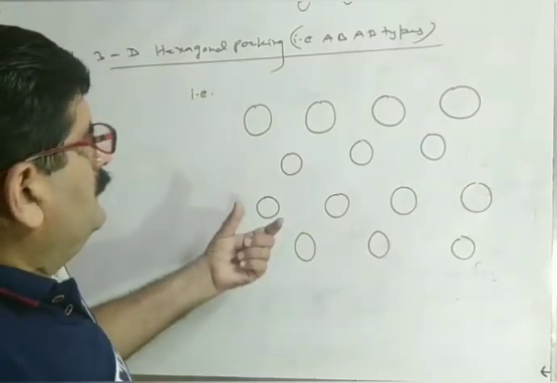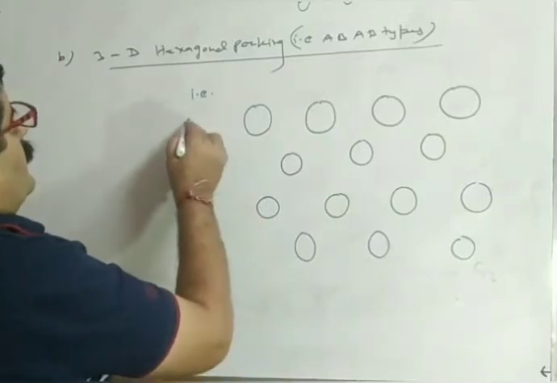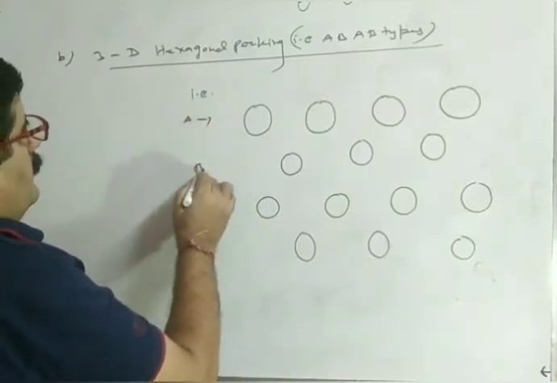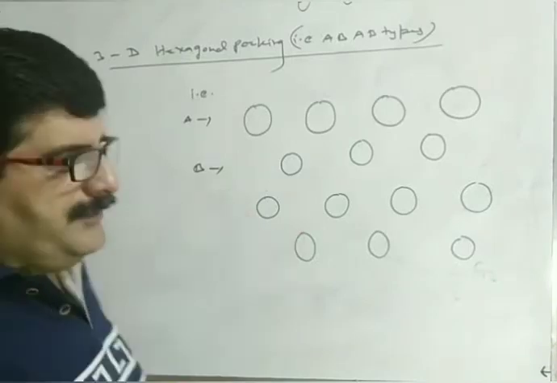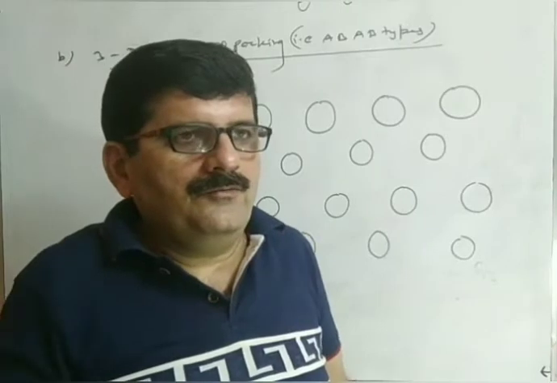Suppose the atoms are given. This is the A layer, this is the B layer. For understanding, we put the atoms far away from each other.